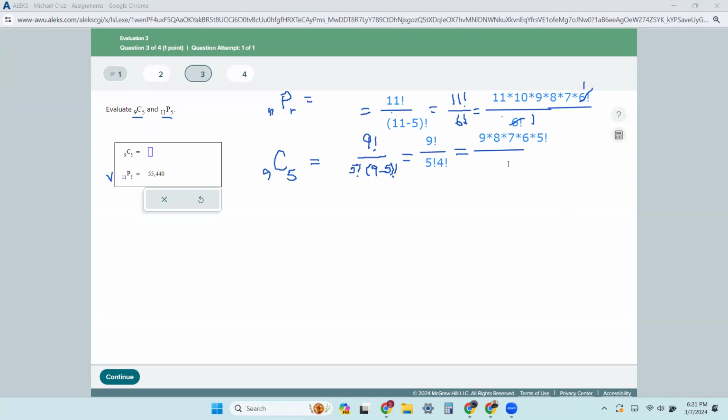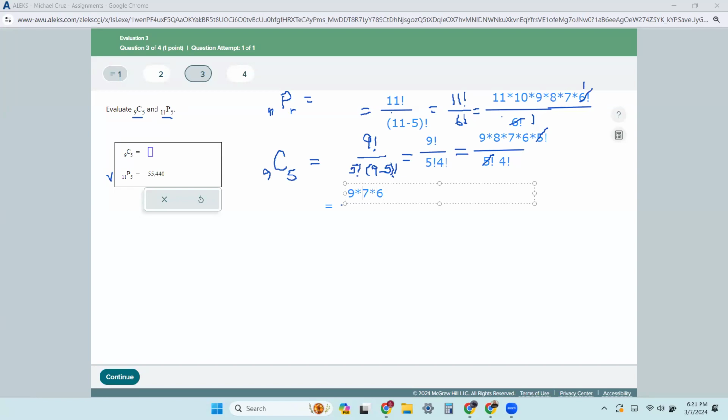So down here, 5 factorial, 4 factorial. So we're just going to take them out. So this is going to be equal to, and then we're going to have in the numerator, so ours up at the top.